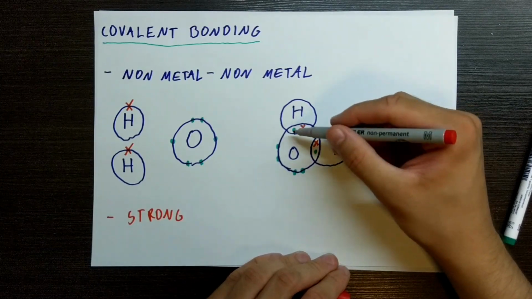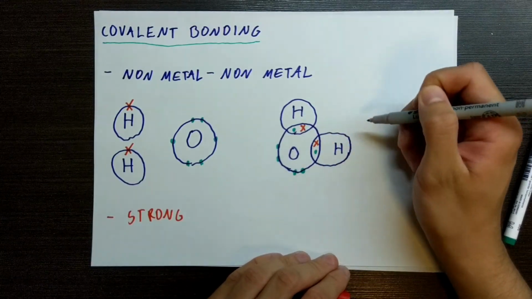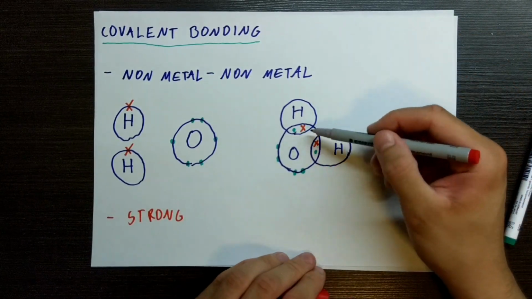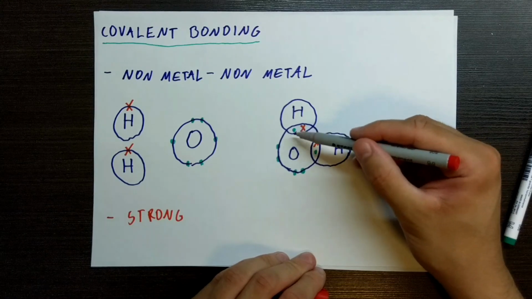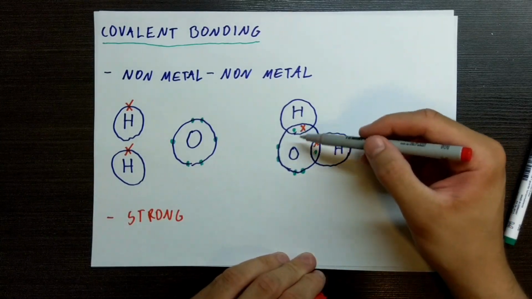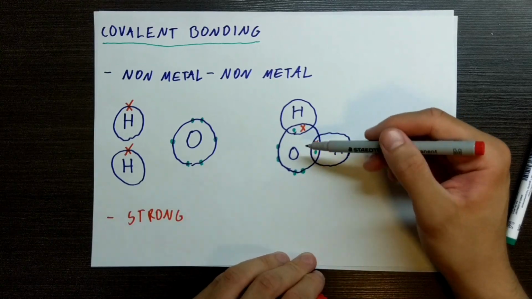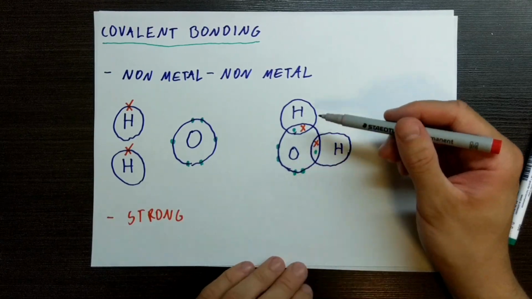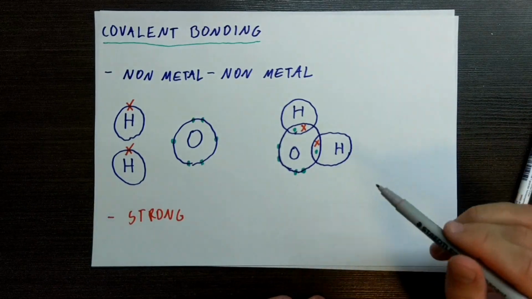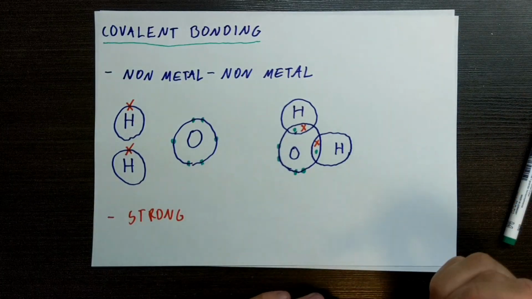If we had 3 pairs shared, we would have a triple bond, and so on. So, in covalent bonding, the number of electron pairs shared tells you how many bonds we have: a single bond, double bond, or triple bond? Okay, so this is it for covalent bonding. That's how covalent bonding works.